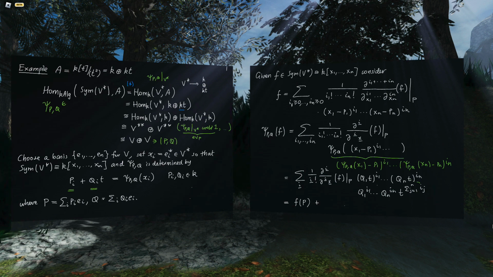And then I get all the contributions from where exactly one index in this multi-index I is 1 and the rest are 0. And that is just the sum over which position is non-zero, and then I'll get a derivative exactly in that position of f evaluated at p, and then exactly one of the q's will be to the power 1, and the rest will be to the power 0, and that will be qj.